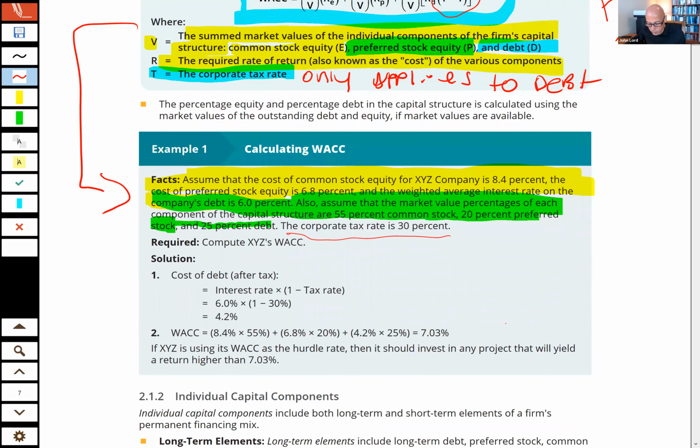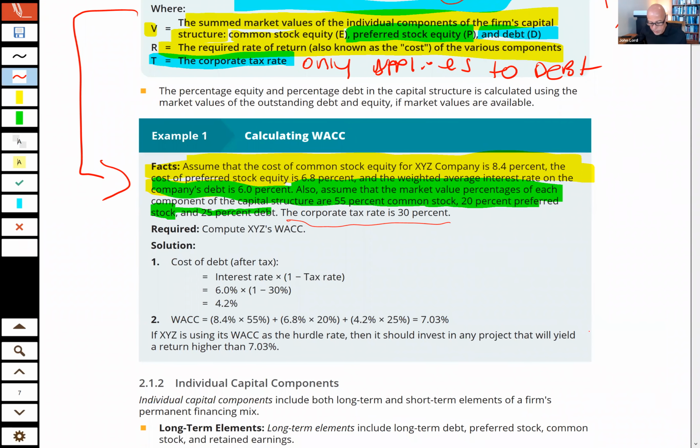So you take a look, and you could see that they have gone ahead and figured out 4.2 for the interest rate on the debt, 6% times the 70%, 1 minus 30 is 70%, gives us 4.2% for the after-tax cost.